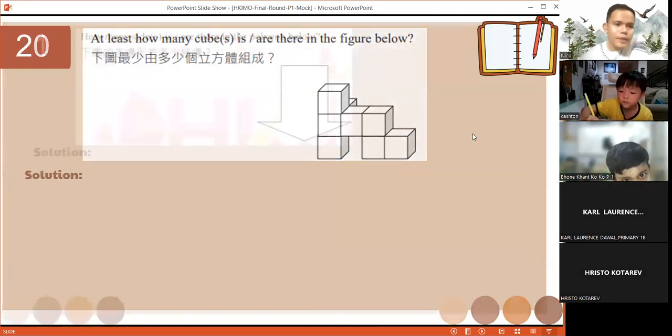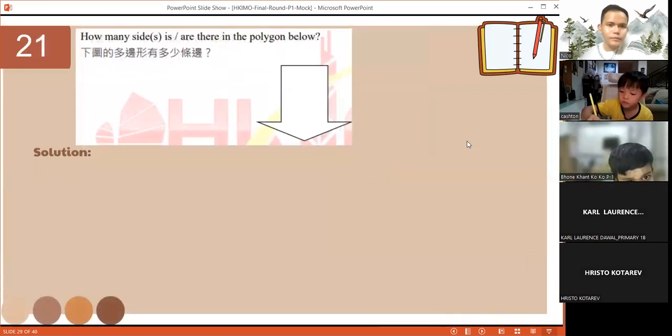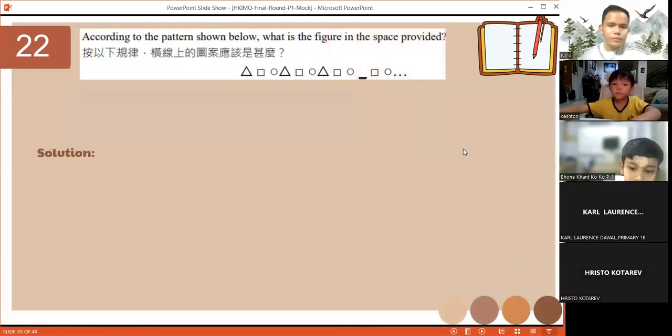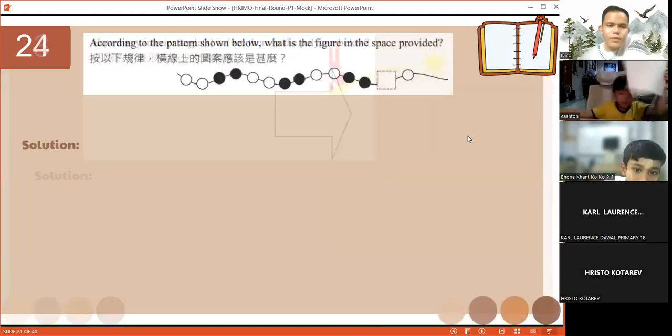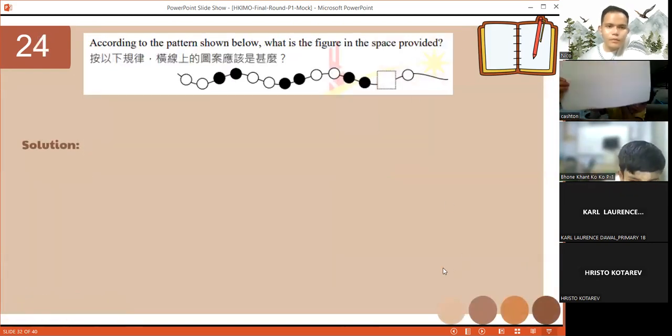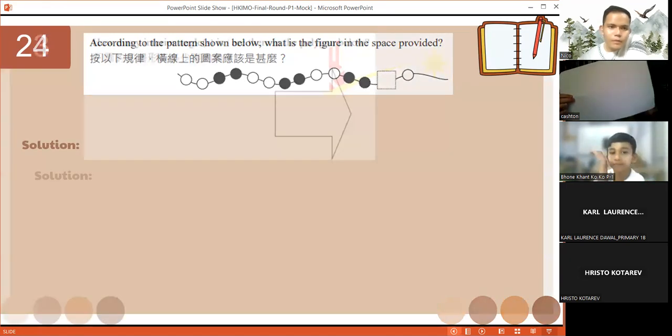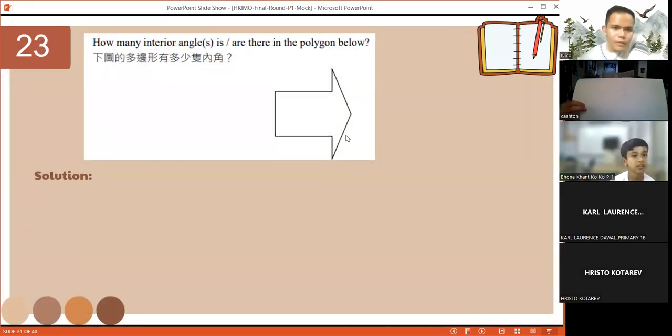Is it number 21? Number 22? 23? Okay, so in this one. I need to write this down, right? But I forgot which one is in this one.